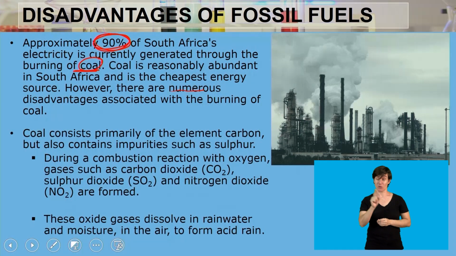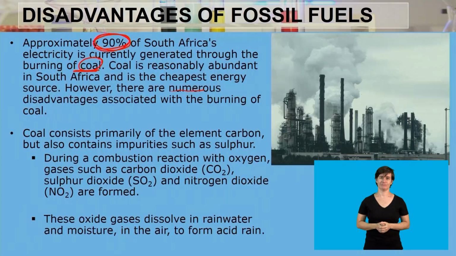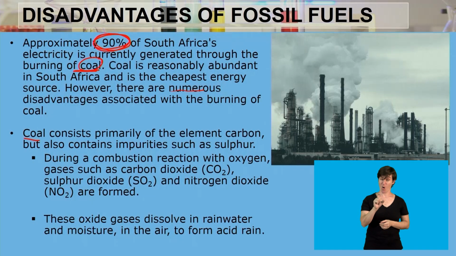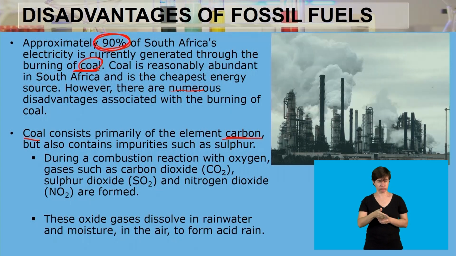Remember, we have said that coal is a non-renewable resource. Over time, if we keep using coal, there is going to come a point where we do not have any coal to generate electricity with. Now, coal consists primarily of the element carbon, but also contains impurities such as sulfur.